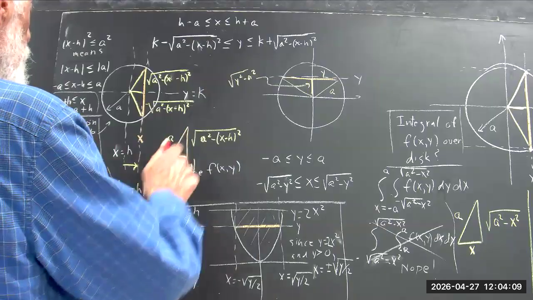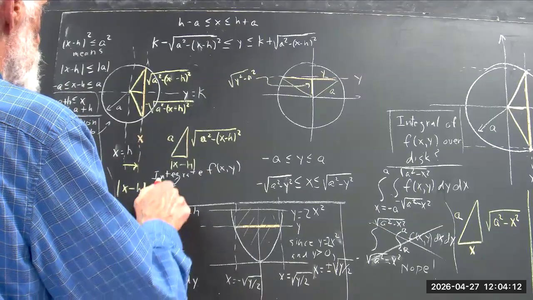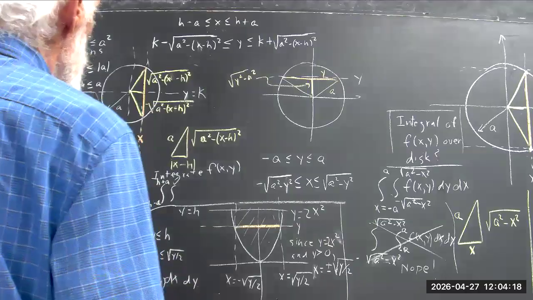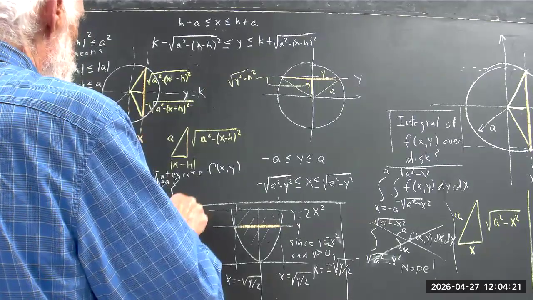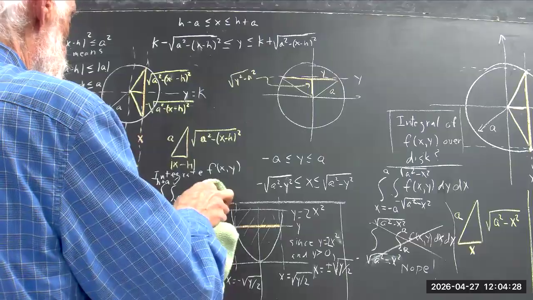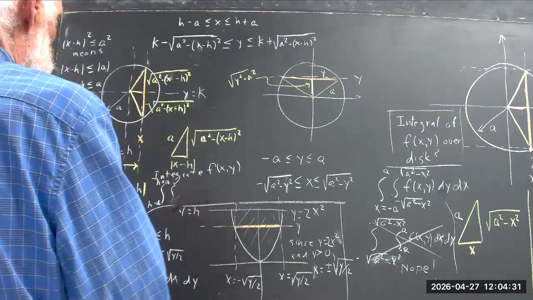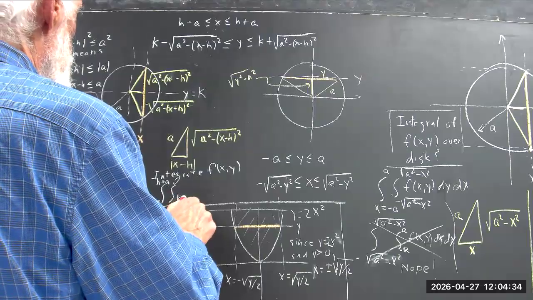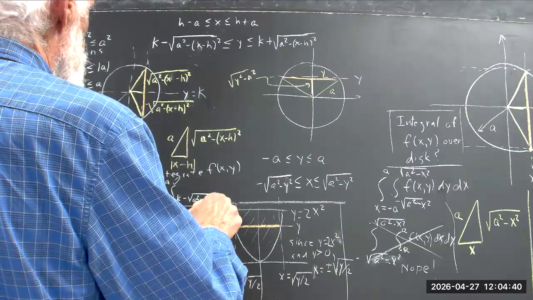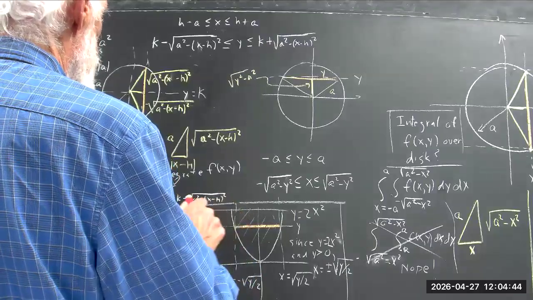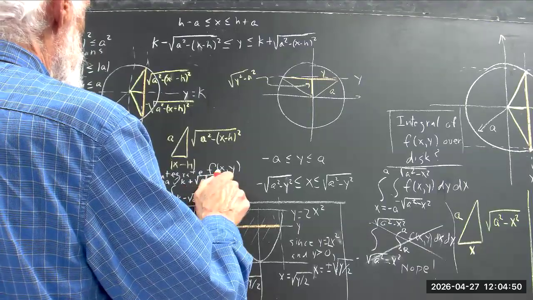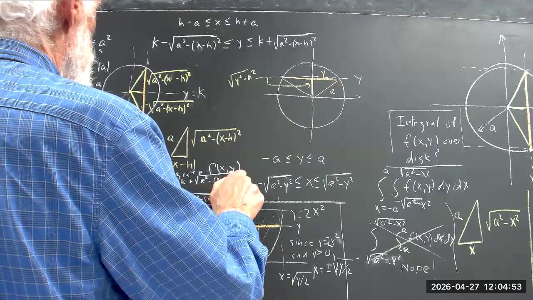We would have x going from h minus a to h plus a, and y would go from k minus the square root of a squared minus the quantity x minus h squared, to k plus the square root of a squared minus the quantity x minus h squared.